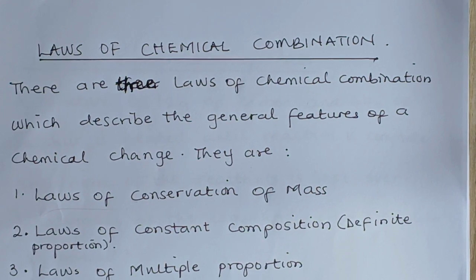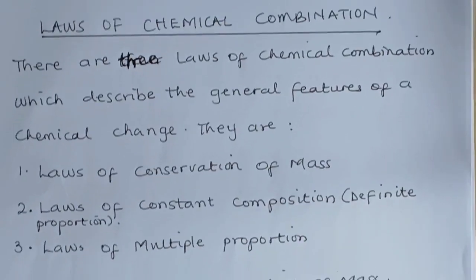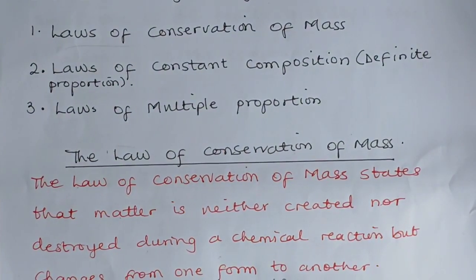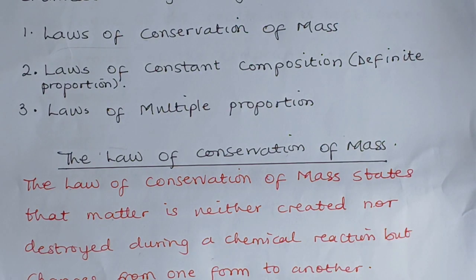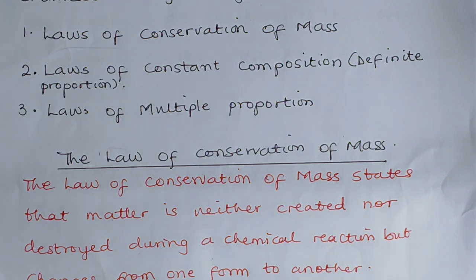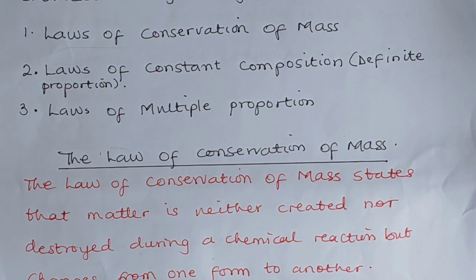So what is the law of conservation of mass or matter? This law is trying to explain that matter is neither created nor destroyed during a chemical reaction, but that it can change from one form to another. That is, during a chemical reaction, we usually have 2 materials reacting together, called reactants.